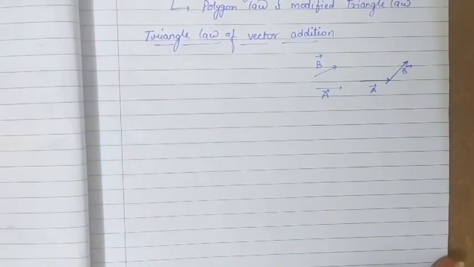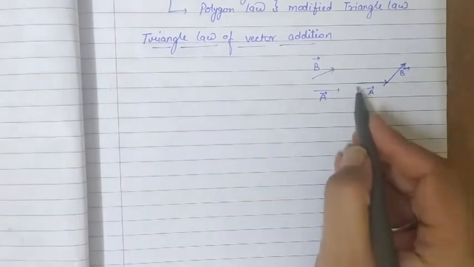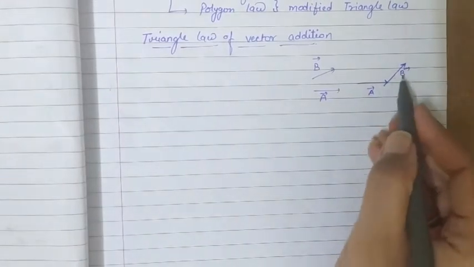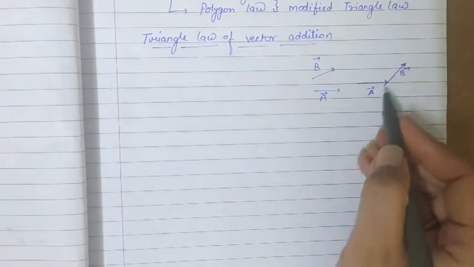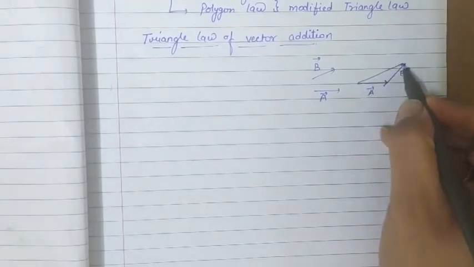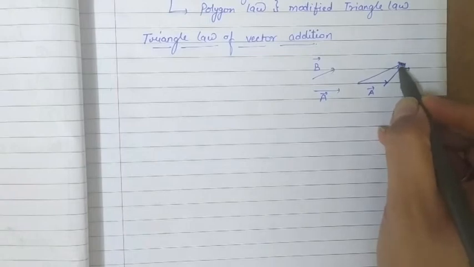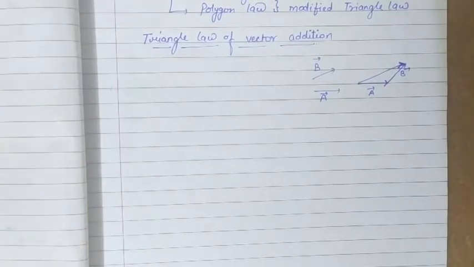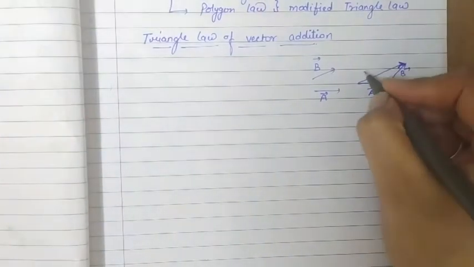If we represent two vectors as the two sides of a triangle taken in same order, then the resultant of these two vectors is represented by the third side of the triangle taken in opposite order. ये ध्यान रखना है that it should be taken in opposite order.